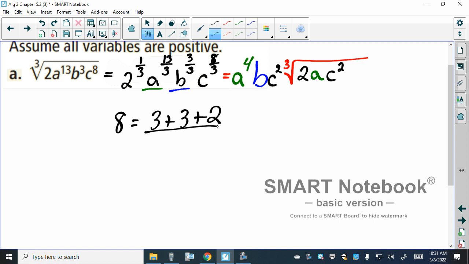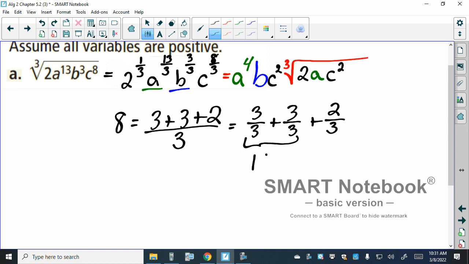And we know that this is all over our root of 3. So really what we're saying is that I have 3/3 plus 3/3 plus 2/3. Well, 3/3 is 1. So our 1 and 1 is 2. So I have 2 whole c's that will come out, which would be our c squared.